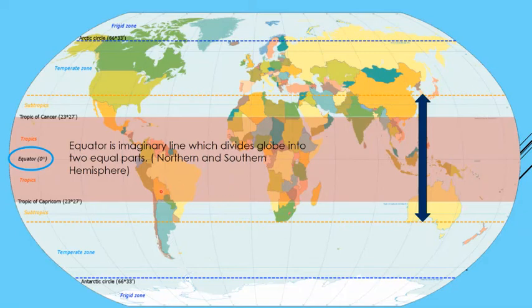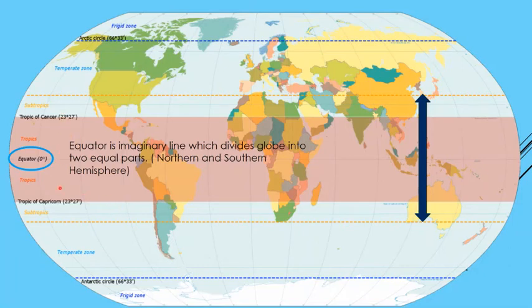The tropical climate zone is further divided into subtropical area, because there are two tropics. Number one is the Tropic of Cancer, which lies on 23.5 degrees north latitude, and the second is the Tropic of Capricorn, which lies on 23.5 degrees south latitude.